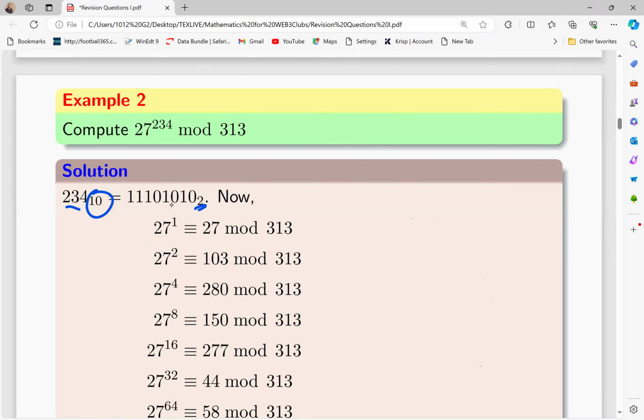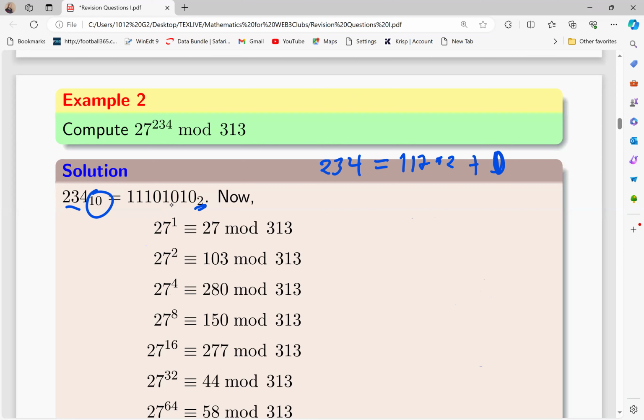So for instance, 234 divided by 2. 2 goes in 117 times, and the remainder will be 0.